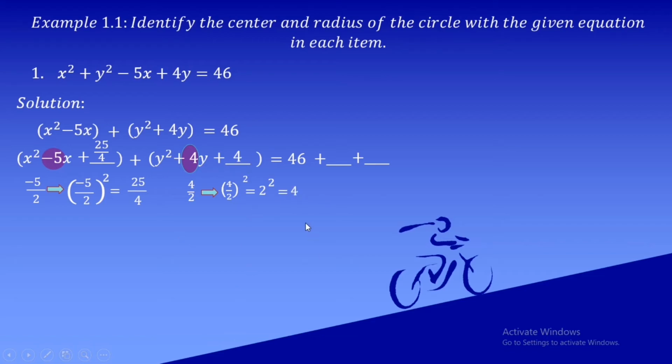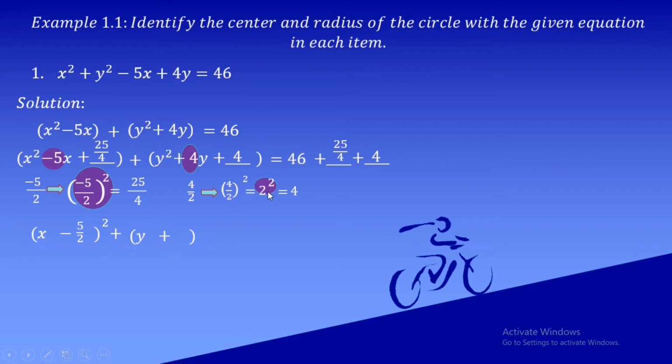So for the other side, we add 25 over 4 and also the 4. Then the perfect square trinomial is equal to the quantity of x minus, just copy the negative 5 over 2, raised to 2. That is the equivalent perfect square trinomial for the x part.